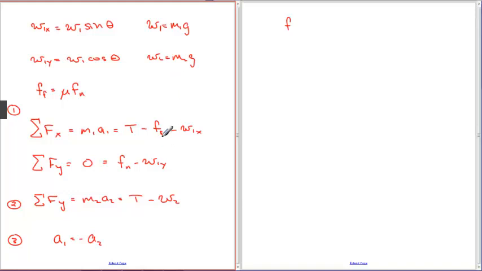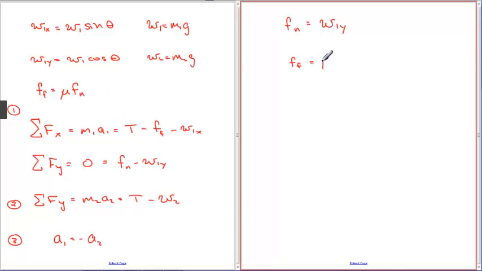Okay, so the normal force is equal to W1y from this equation. The friction force is equal to mu times F sub n. Therefore, the friction force is equal to mu times W1y.